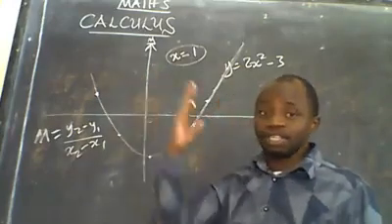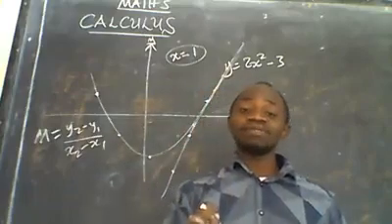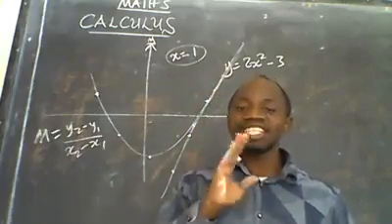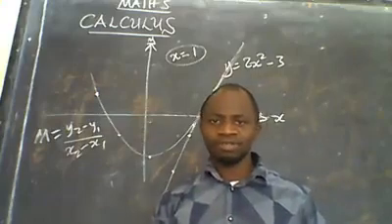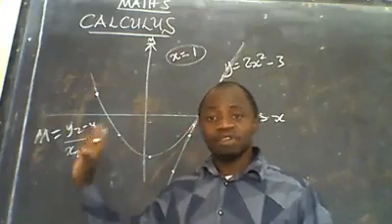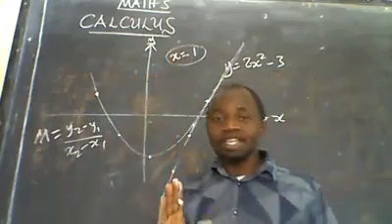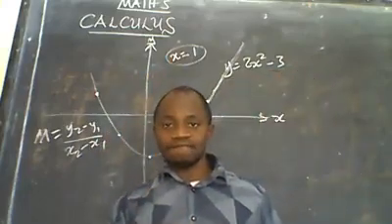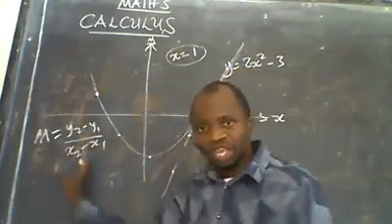But calculus is here to answer such questions, whereby you can even get the exact gradient at any given point. So in short, calculus is based on finding the gradient of a curve.